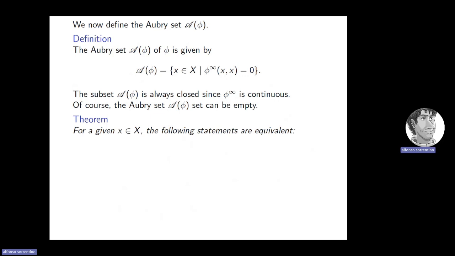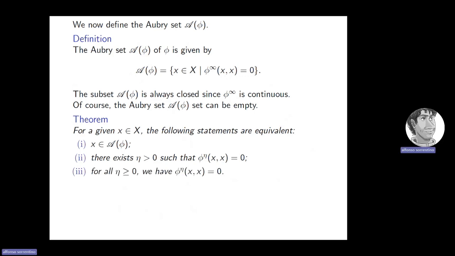And I'm going to show first a useful statement which says that I don't have to go to phi infinity to check that the point is in the Aubry set. I have three equivalent statements. One: x is in the Aubry set, which means phi infinity of xx is 0. Two: there exists some eta positive such that phi eta of xx equals 0.